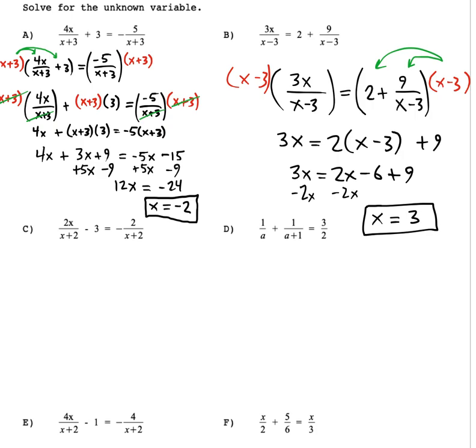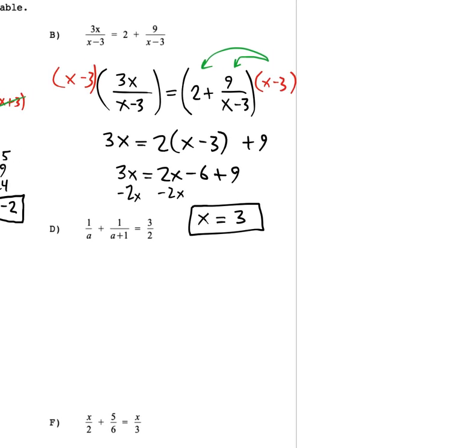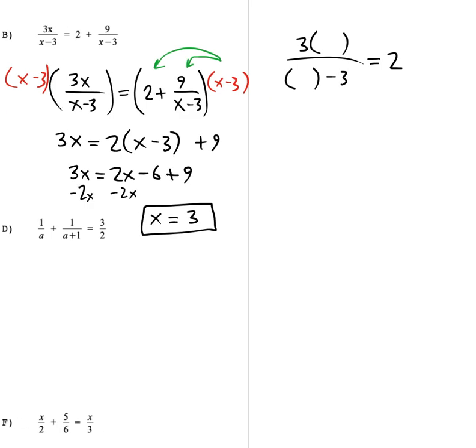So we want to check the solution just to verify that that really works and there's no problems with it. So plug in a 3, and looks like we do have an issue here.